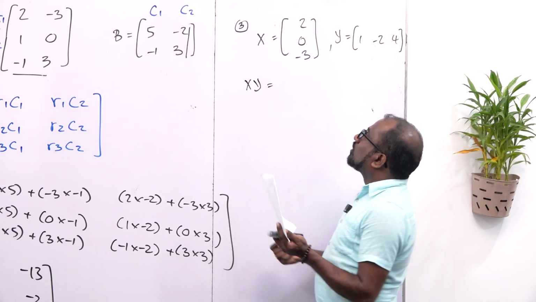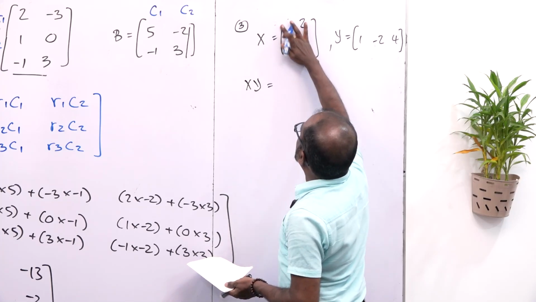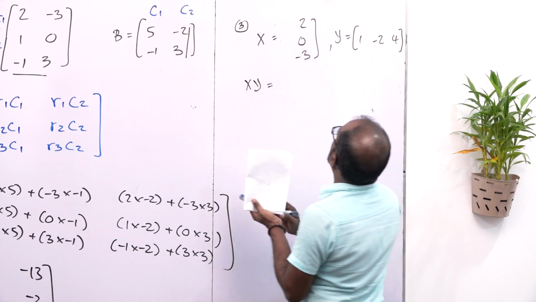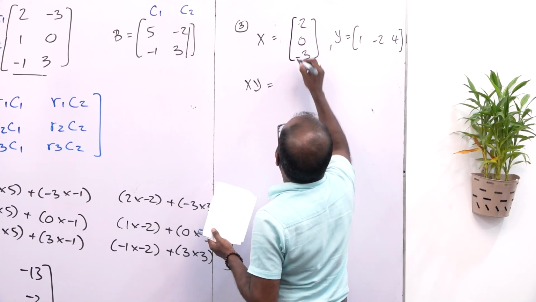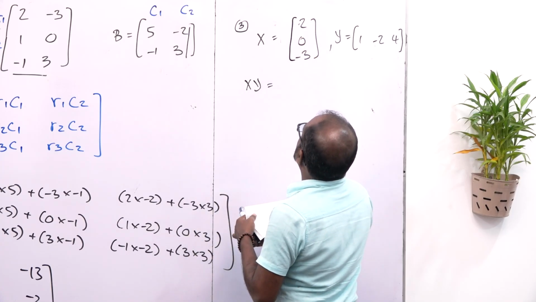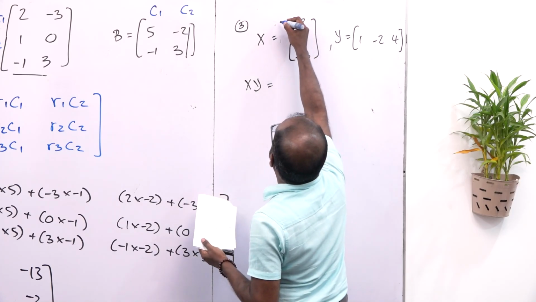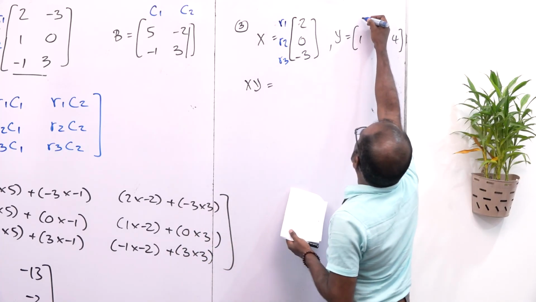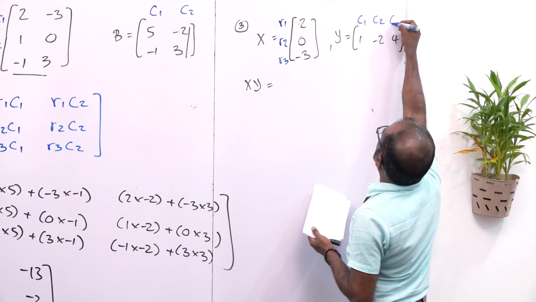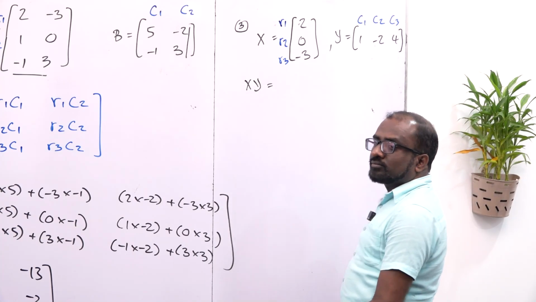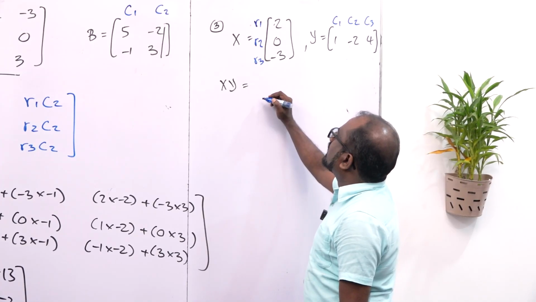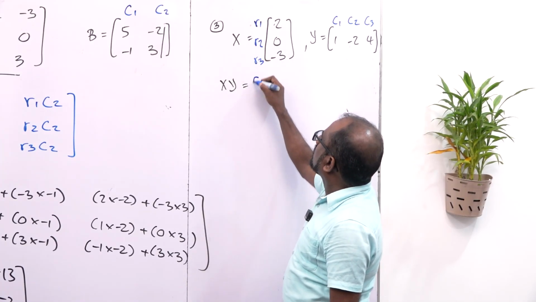First matrix row numbers: row 1, row 2, row 3. Then here column 1, column 2, column 3. Now we'll write the key.